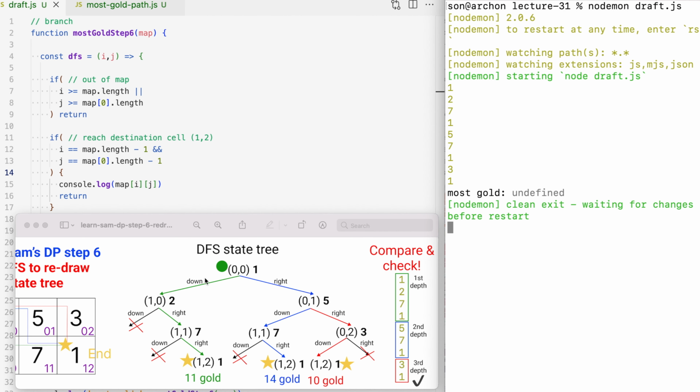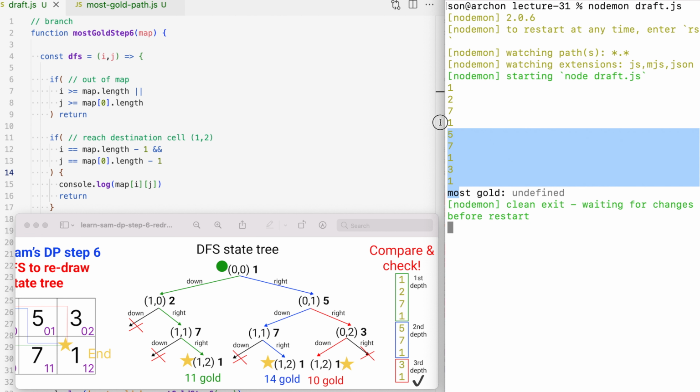So the first depth from this tree is 1, 2, 7, 1, which is what we have here. They're the same. The second depth is 5, 7, 1, and that is what we have here, so they're the same. The last depth is 3, 1, which is what we have here.